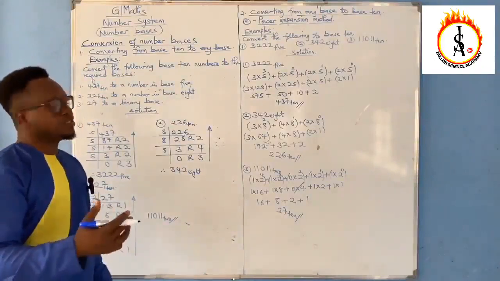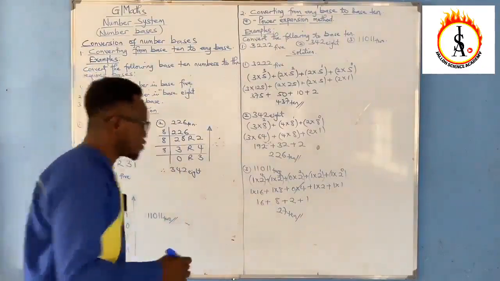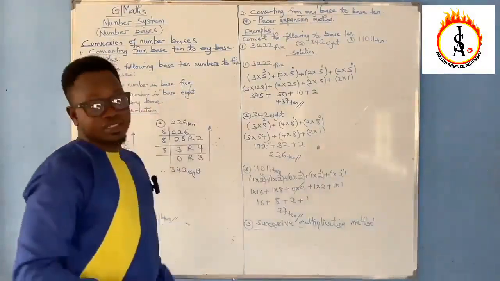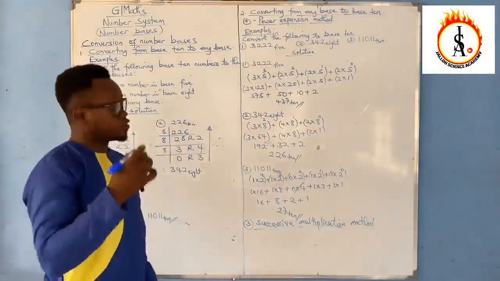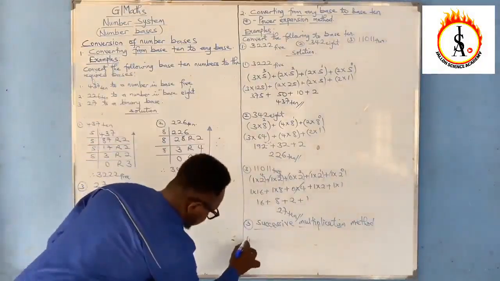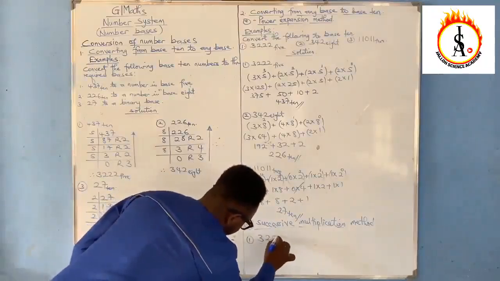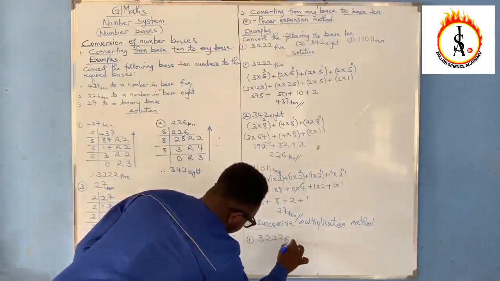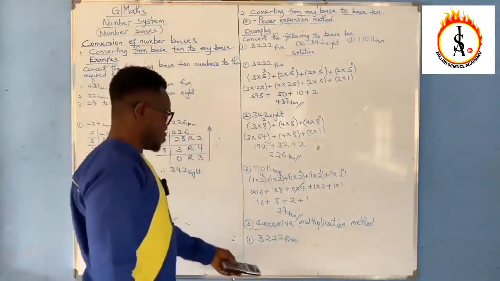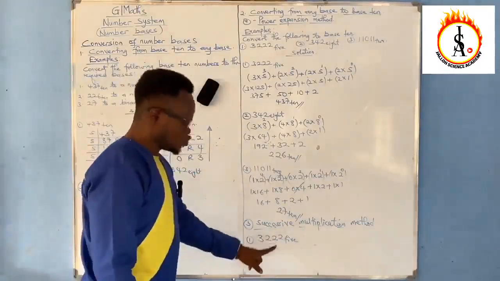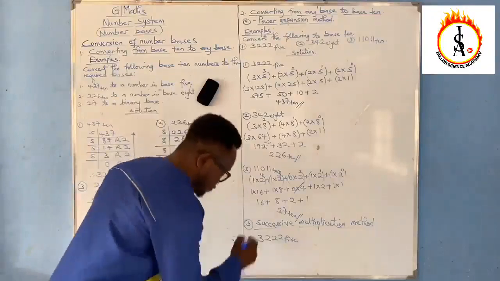Now let's look at the successive multiplication method. We're going to deal with the same examples. Example 1 is 3222 in base 5. So what do we do?